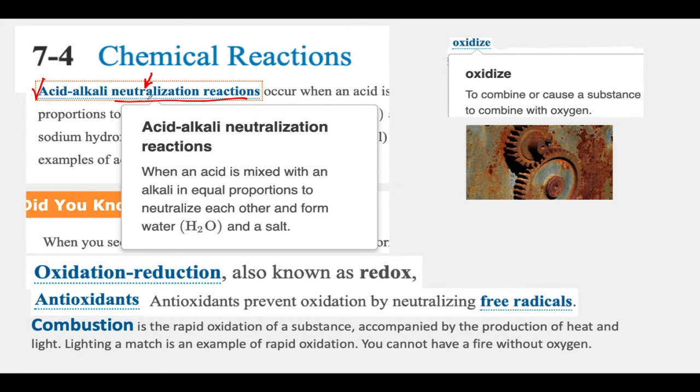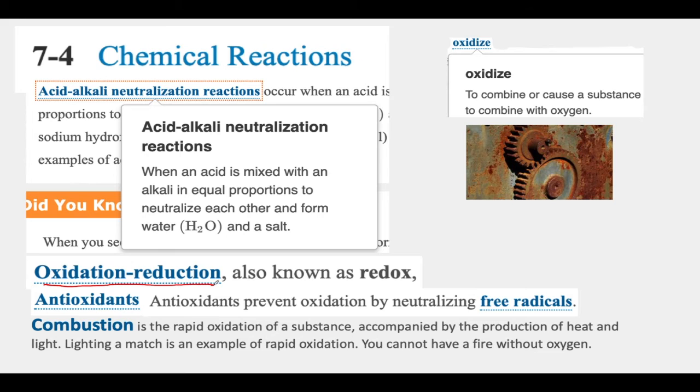We know that acids and alkalis will neutralize each other. They will move more towards water, where the pH is 7. Later on, we'll take a look at the chemical reactions in more detail when we get to that section.